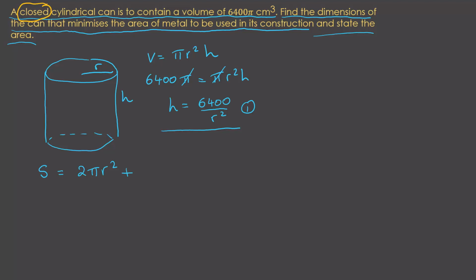The curved surface of a cylinder, something you should know, is 2 pi r h. And very briefly, that's because if you take a sheet of paper, roll it into a cylinder and then roll it out again, you'll find that one side is the circumference of the cylinder and the other side is the height.